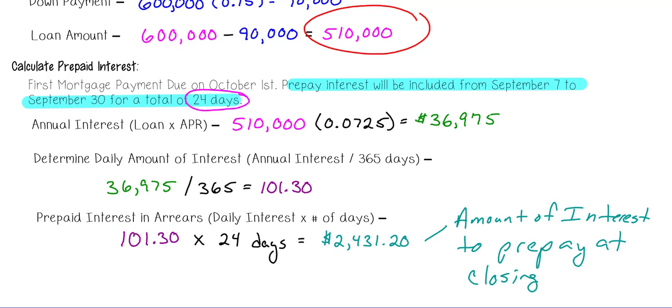And there are a lot of costs involved in closing. It's not just prepaying interest, because when you go to closing, you have a lawyer that handles the contracts and signings between the buyer and the seller.